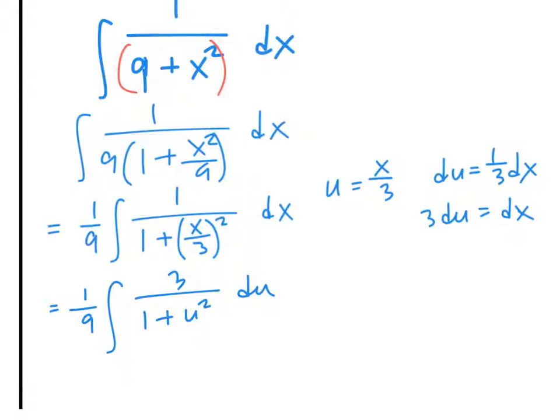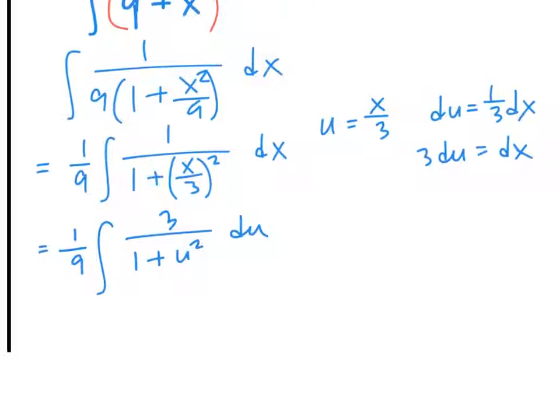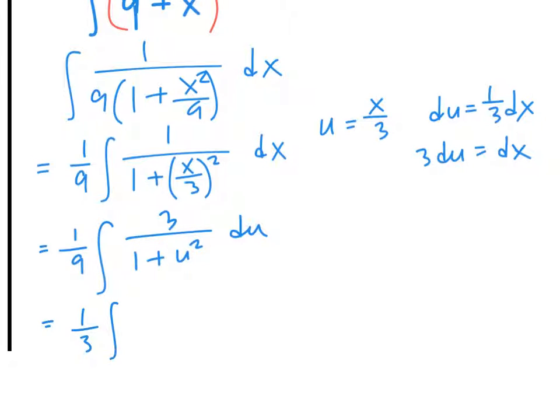Are you guys okay up to this point? Kind of recall u sub a little bit? Again, if I have a constant or a coefficient, I always take it out of the integral so I don't look at it anymore. So take the 3 out, the 3 and the 1/9 will cancel, so it's 1 over 3, 1 over 1 plus u squared du. Now what is the integral of 1 over 1 plus u squared?